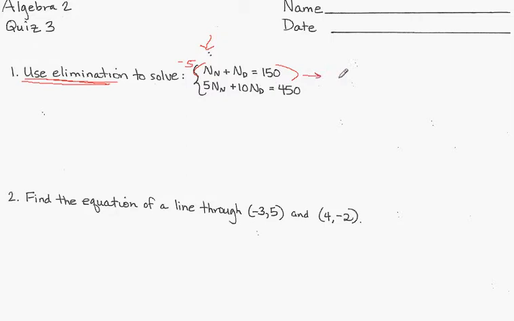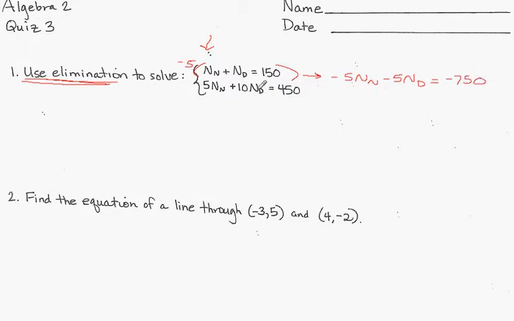So if we do that, we get negative 5 n sub n minus 10, where did I get that from? Minus 5, and you know these are coin problems, so it would be number of dimes, equals, and if I take that, I would get negative 750.